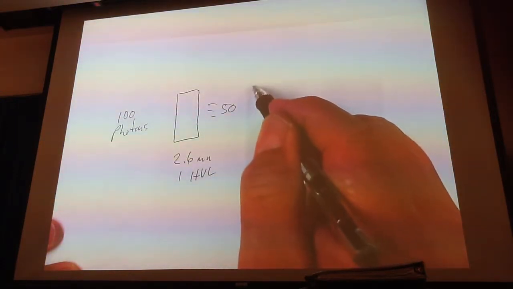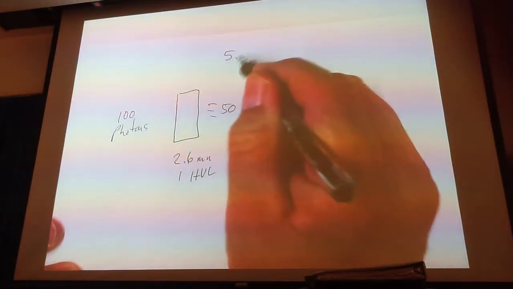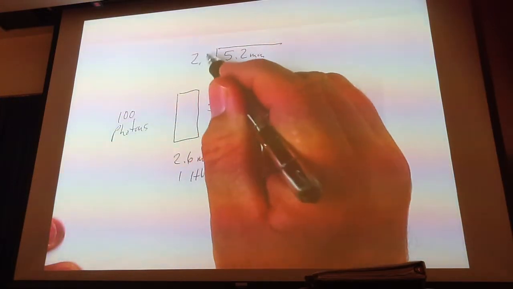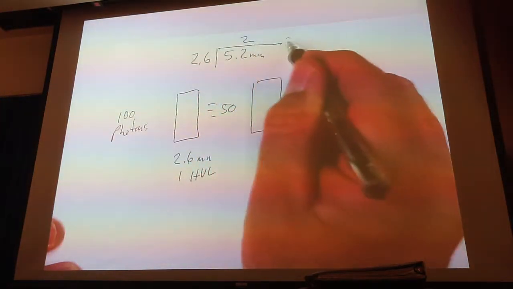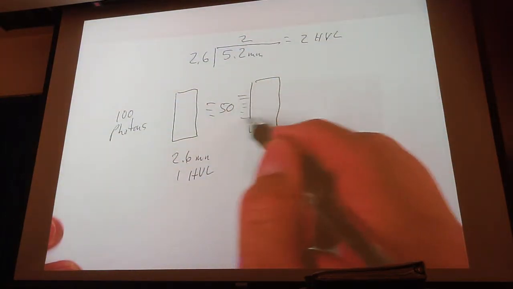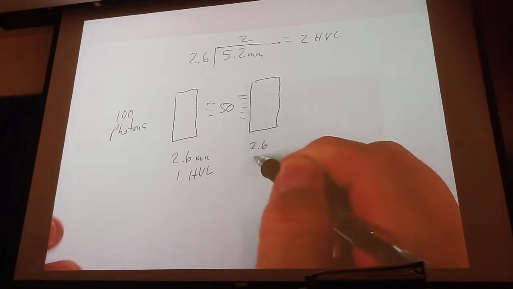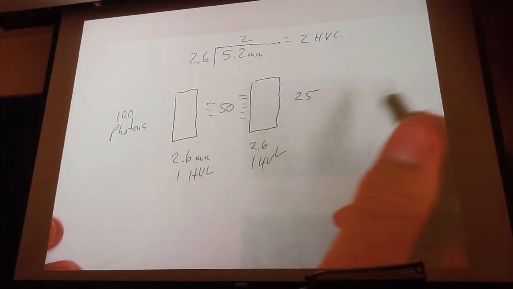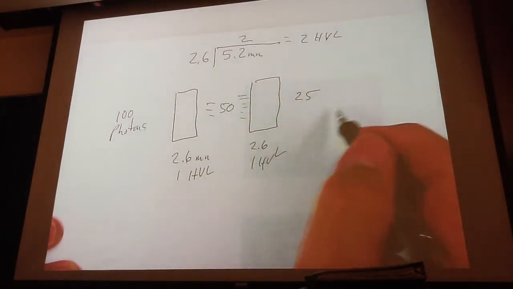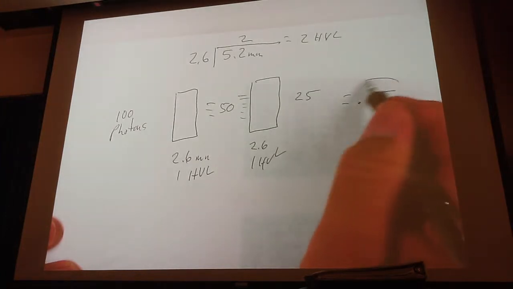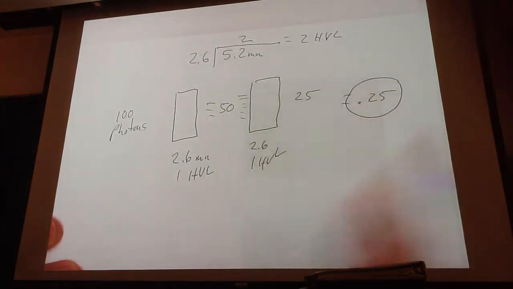And if I have another half-value layer, because it says you had 5.2 millimeters, and 5.2 divided by 2.6 is equal to 2, so you have 2 half-value layers. So if I have 50 go through this half-value layer, it's going to be 25, right? Right. Okay. So it's going to reduce it by a factor of 0.25.